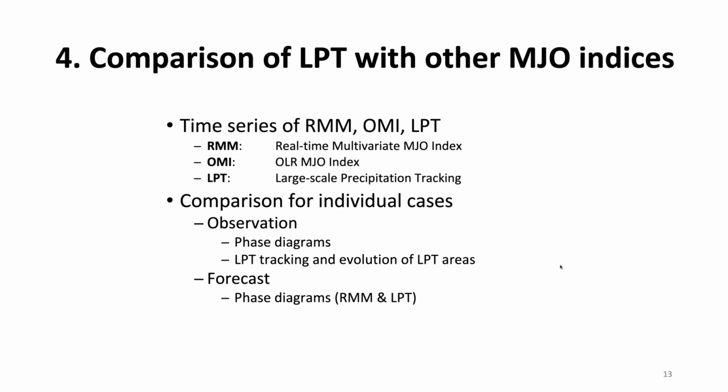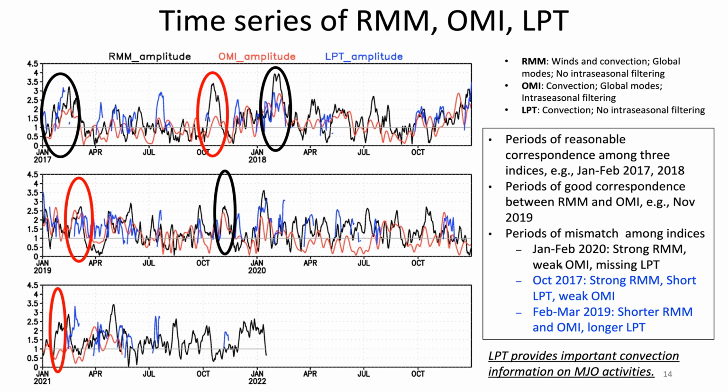And the second type is the periods of good correspondence between RMM and OMI. Both use global modes. One example is 2019 November, which is the second row, somewhere in the middle. We see a good match between OMI and RMM. And the third type is the period that does not show good match.